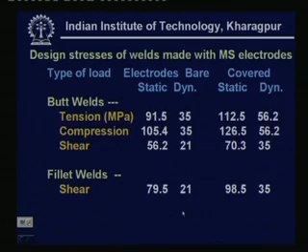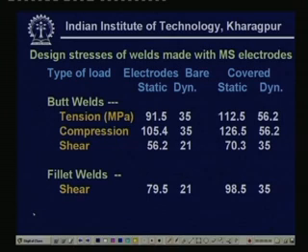Let us look at the design stresses of weld made with mild steel electrode. Here the strength is found by experiments, because the analysis is very difficult for a welded joint. With the help of those experiments we measure the strength of welded joints.